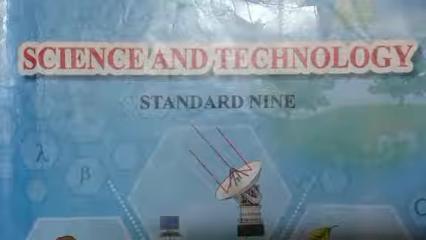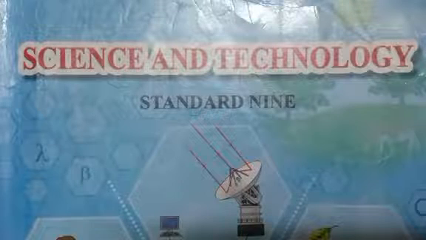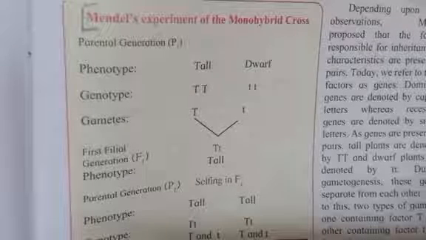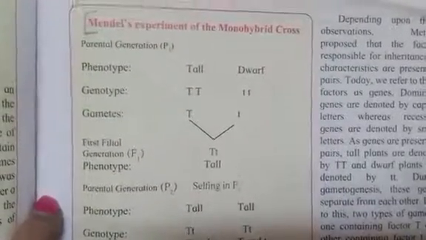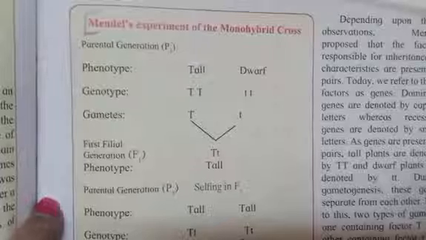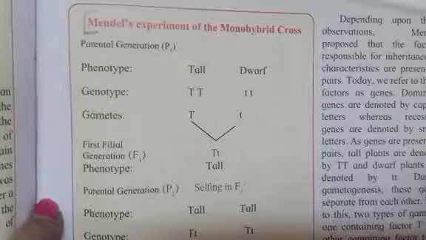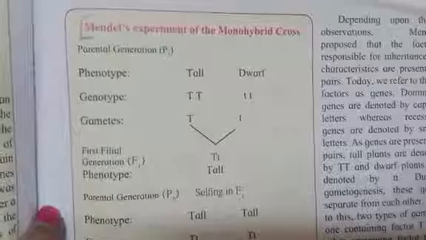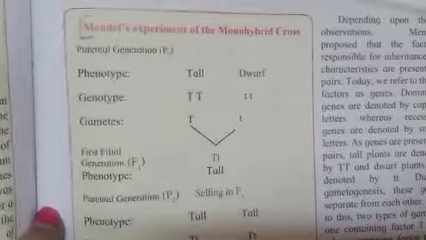So take your textbooks and turn to page number 185. Here, we can see Mendel's experiment of the monohybrid cross. I will show you how we have to do this cross and how to write the ratios.